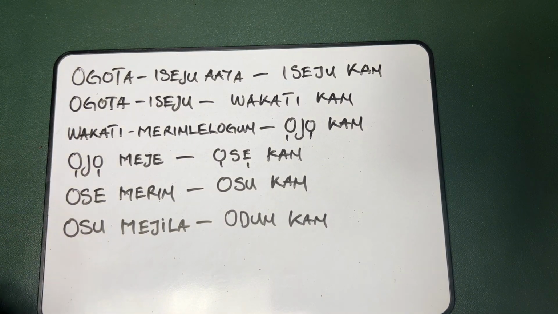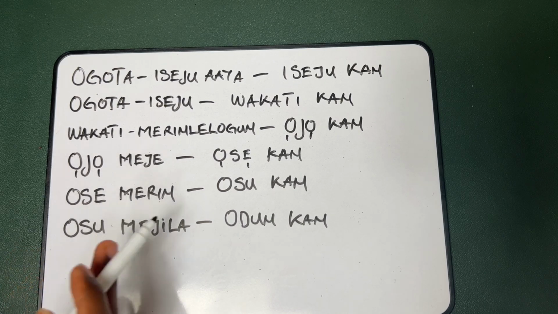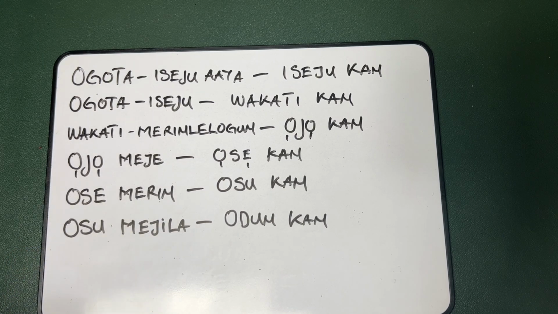Then wákàtí mẹ́rìnlélógún, that's 24 hours, will give us ọjọ́ kan, which is 1 day. Ọjọ́ méje, which is 7 days, will give us ọ̀sẹ̀ kan, which is 1 week. Then ọ̀sẹ̀ mẹ́rin, which is 4 weeks, will give us oṣù kan, which is 1 month. And then oṣù méjìlá will give us ọdún kan.